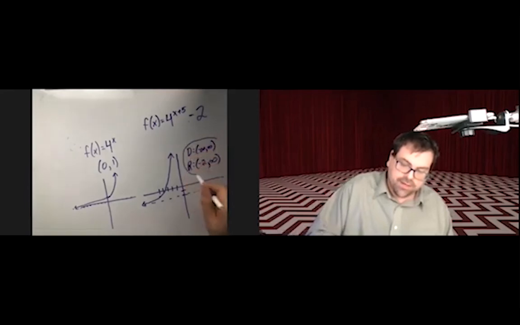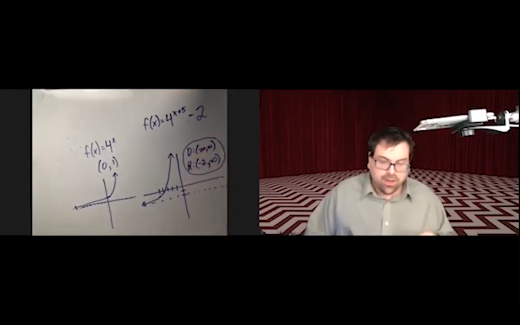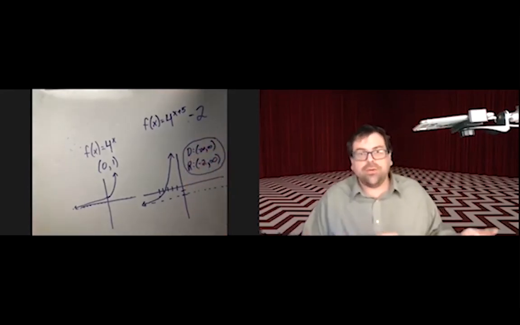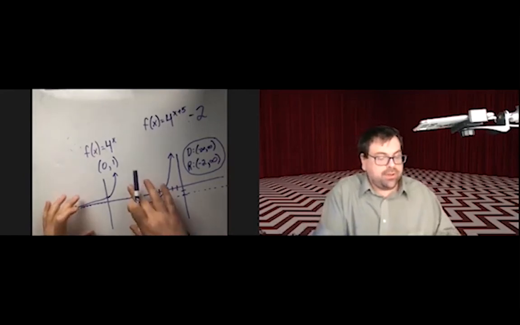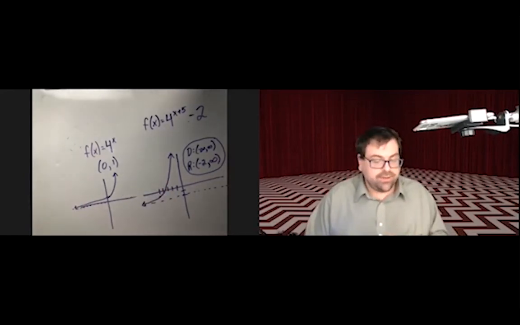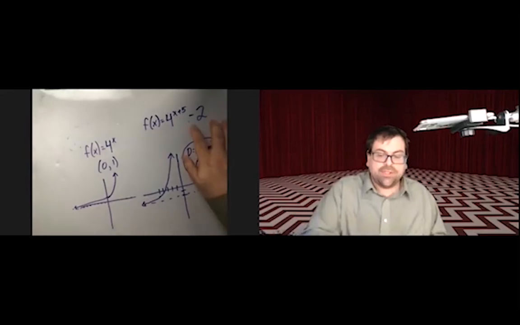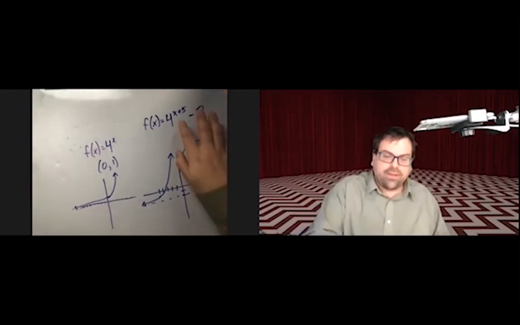So that would be domain and range. All things we did earlier in the semester with other functions, now we can also do those with the shape of an exponential function. Adding or subtracting to the entire function moves it up or down.